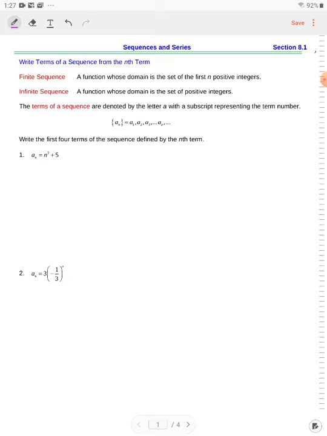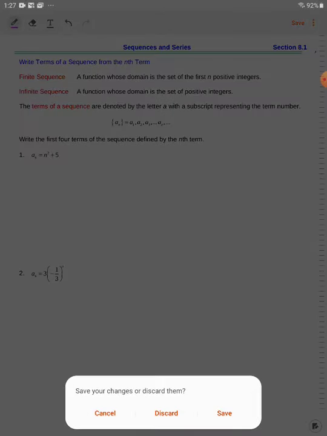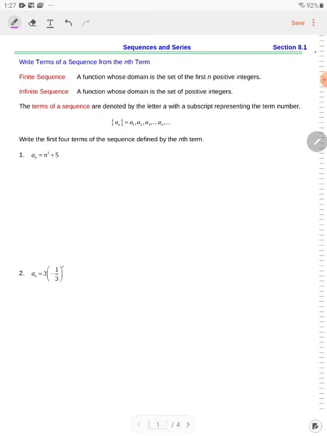Write the first 4 terms of the sequence defined by the nth term. Notice we're given a general formula. We want to write the first 4. We always want to start with n equals 1. So we're going to do n equals 1, then plug in n equals 2, n equals 3, n equals 4.